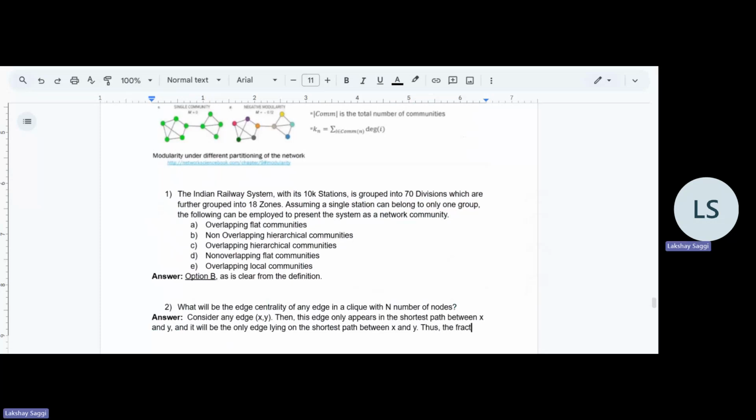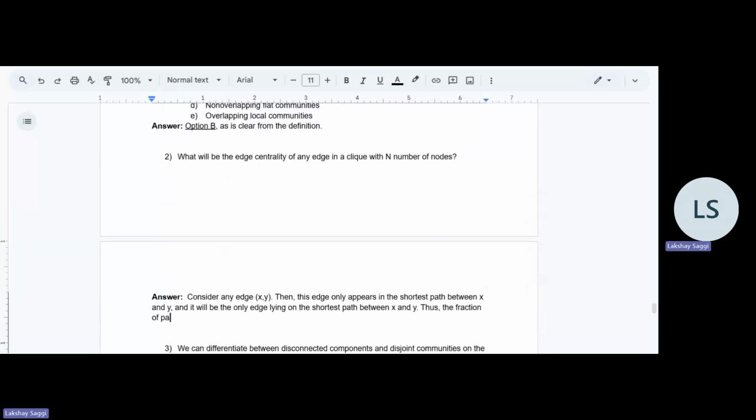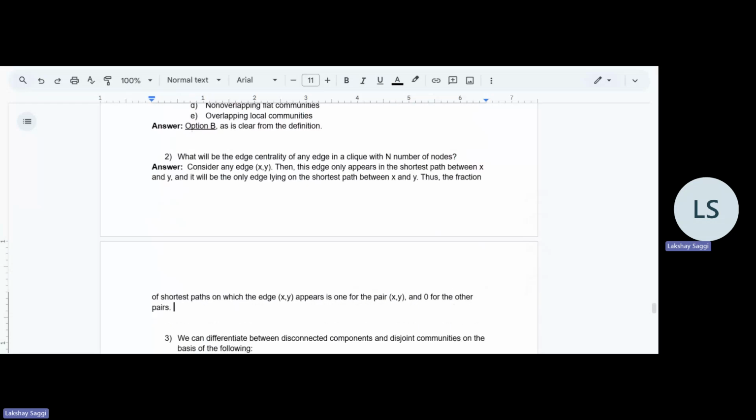The fraction is 1 for the pair x comma y, because for this pair taking this edge is the only shortest path, and 0 for the other pairs. Why 0? Because for any other pair of vertices this x comma y edge will never appear in the shortest path.